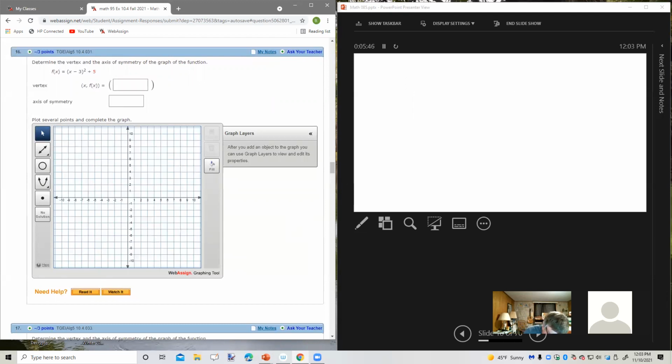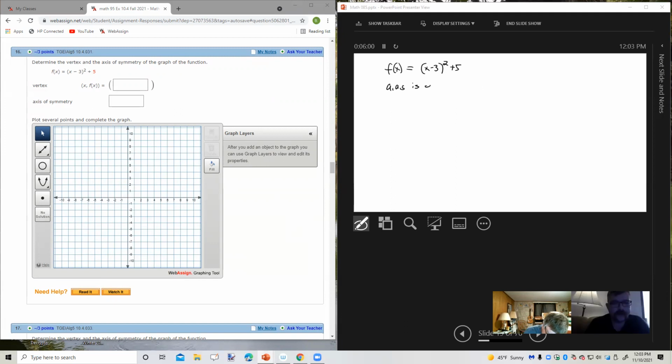So we've got f of x equals (x minus 3) squared plus 5. The axis of symmetry is at x equals 3.